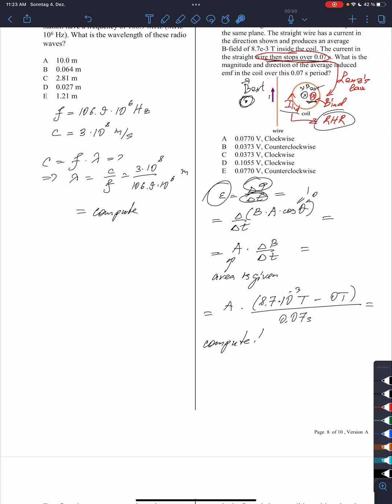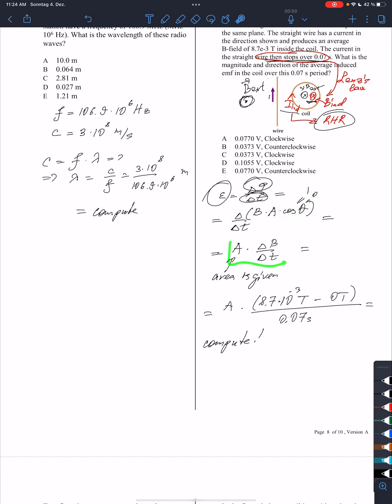The only thing which changes here is the magnetic field, because the area of that coil stays the same and the angle doesn't change. As a matter of fact, the cosine will be just 1, because the angle between the normal and the magnetic field is 0.